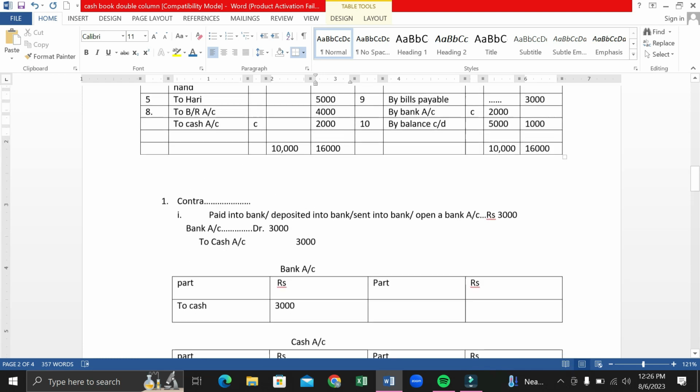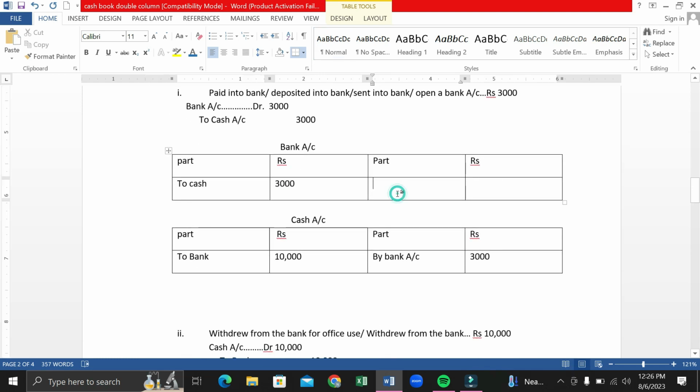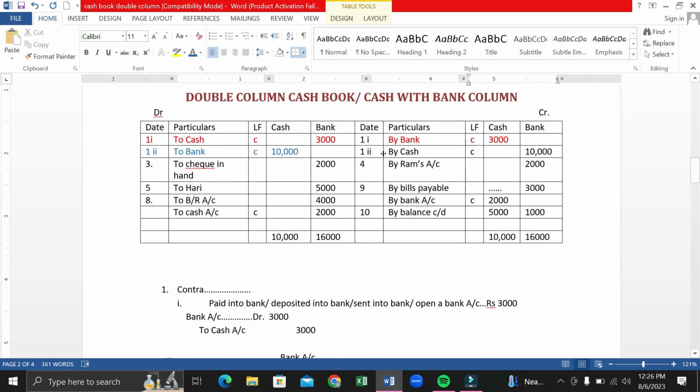So when we are going to prepare a bank account, we will write as by cash account and the amount will be transferred in a bank column. So just see, the same concept we will use, by cash account and amount will be transferred in a bank column.